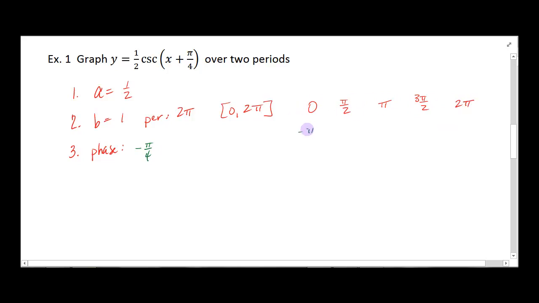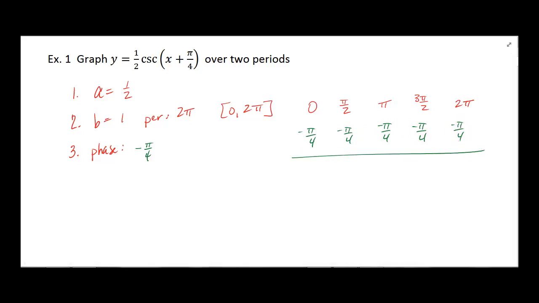So we're going to subtract pi over 4 from each of these 5 values, and you can do that using your calculator or in your head. Either one doesn't matter to me. I'm just going to pause the video, fill these in, and we'll come back. So when I subtracted pi over 4 from each of my original values, these are the new values I came up with, and those are the numbers I'm going to use to fill in on my x-axis.